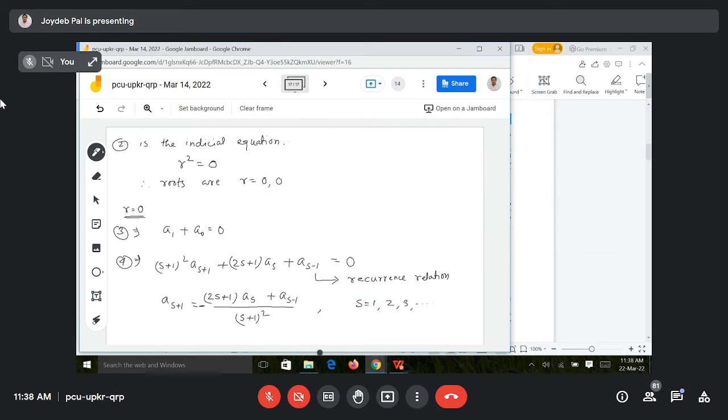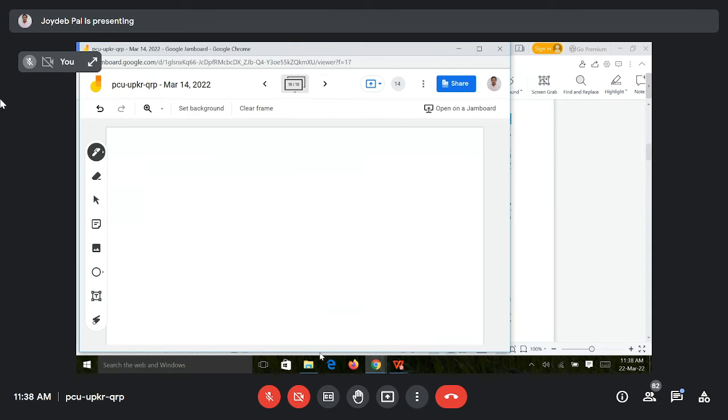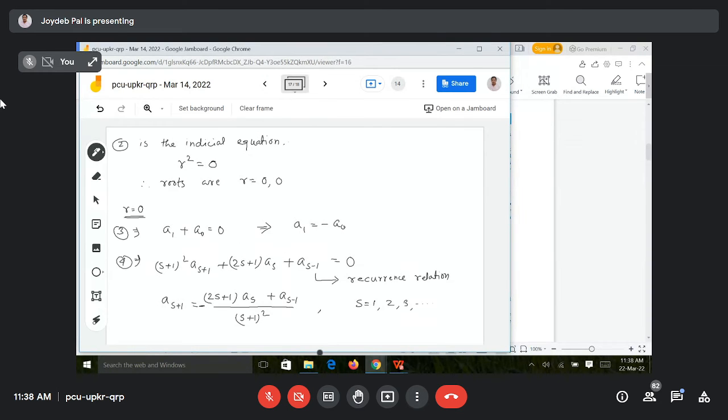Now from the first relation I can write a1 is equal to minus a0. Okay, so I got a1 in terms of a0. Now for the others a2, a3, a4, a5, you have to use this recurrence relation. So on that recurrence relation you put s is equal to 1.